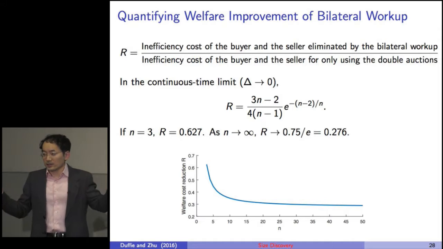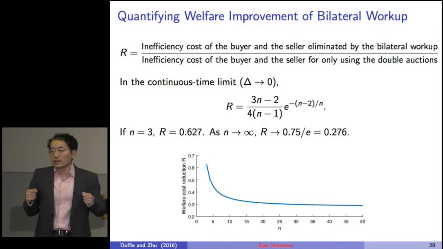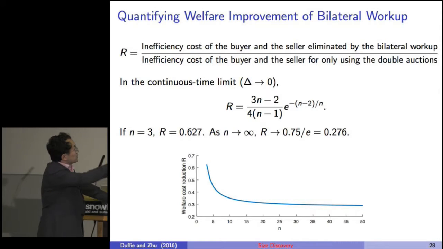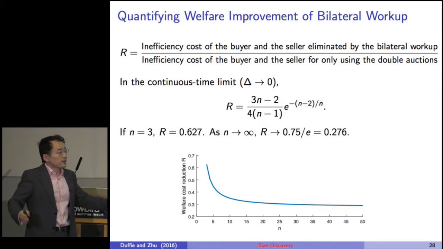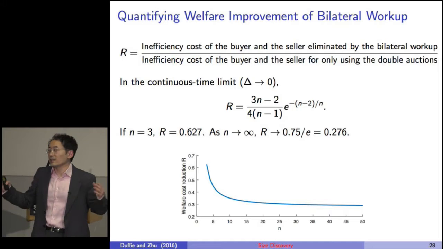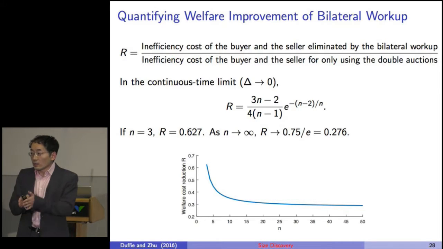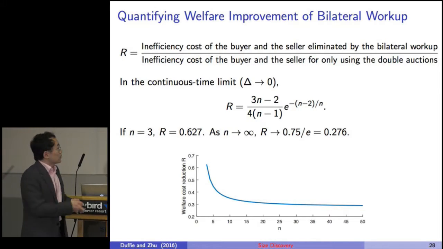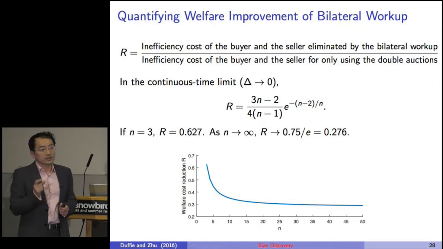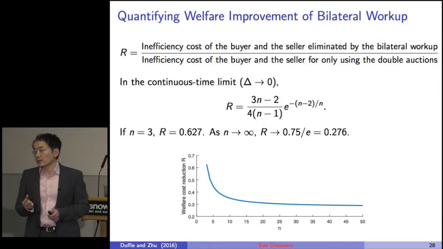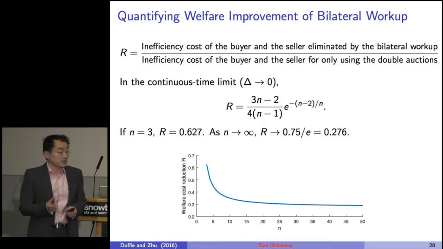Under some assumptions about the distribution of inventory size, that can be integrated out in closed form. Now, in the numerator, we put in how much of that inefficiency cost is eliminated by having this one round of workup. So this ratio R is a proxy for how effective size discovery is in eliminating allocation inefficiency.